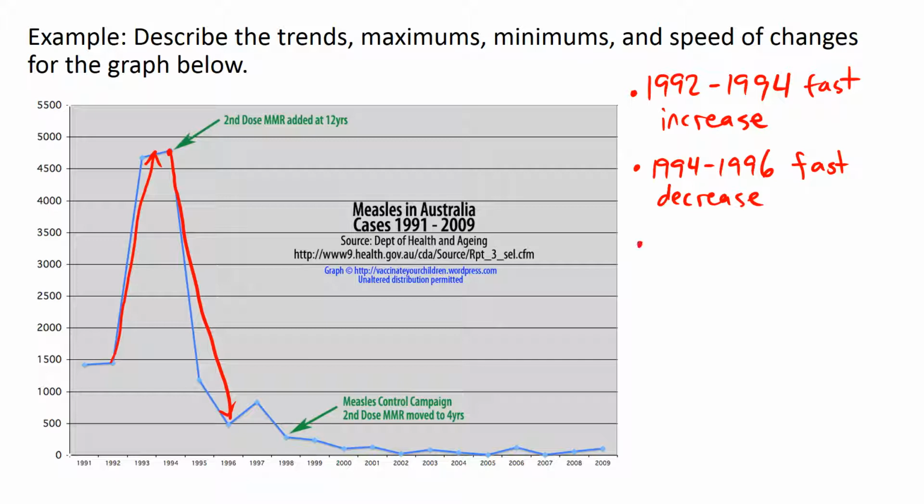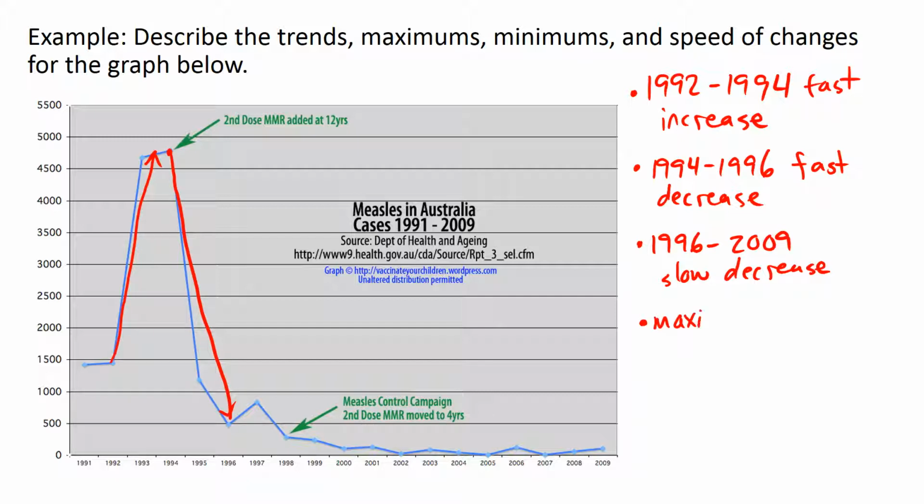And then finally, from 1996 to about 2009, there's a very slow decrease. As the numbers are low, it's hard to get much lower. So that we've talked about now the trends and the speeds of those changes. So the last thing we could talk about are maximums and minimums.